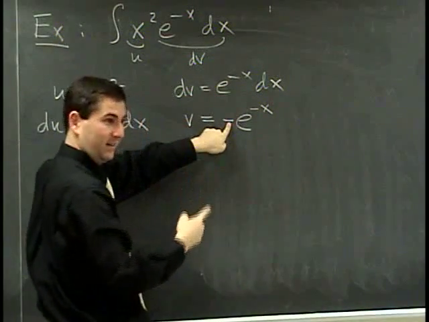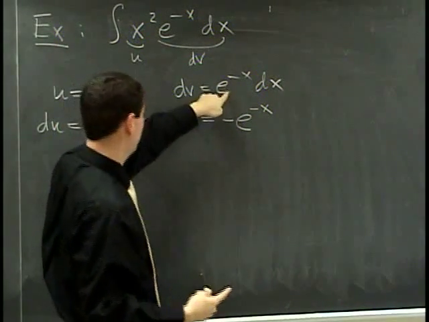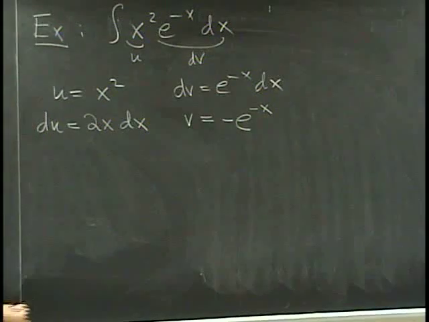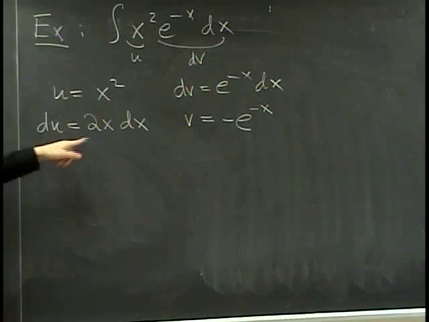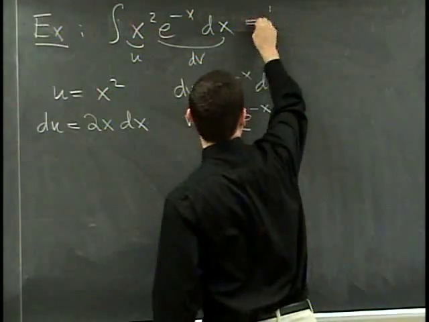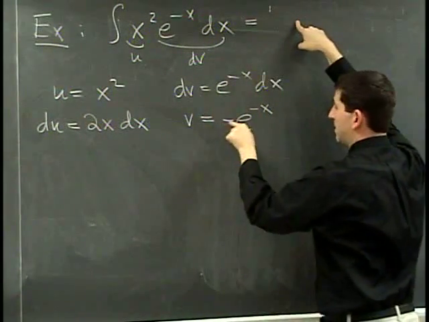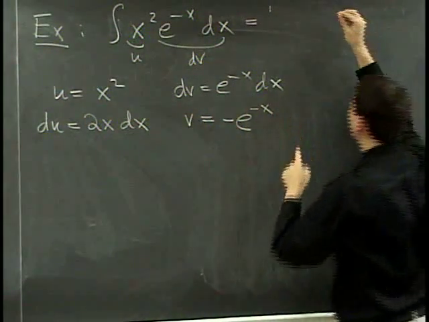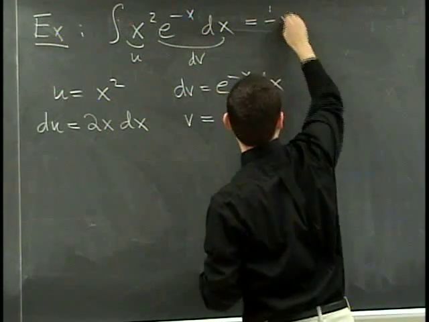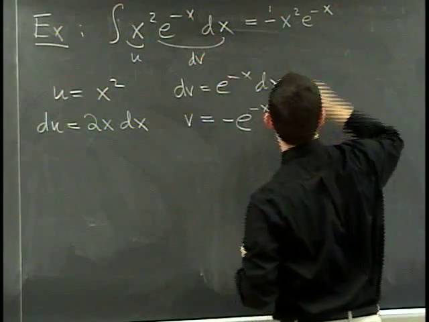So if I throw another minus in there, I get positive e to the minus x. That's what I want. Okay. Cool. So now I can put down uv, which is x squared times minus e to the minus x, so minus x squared e to the minus x.